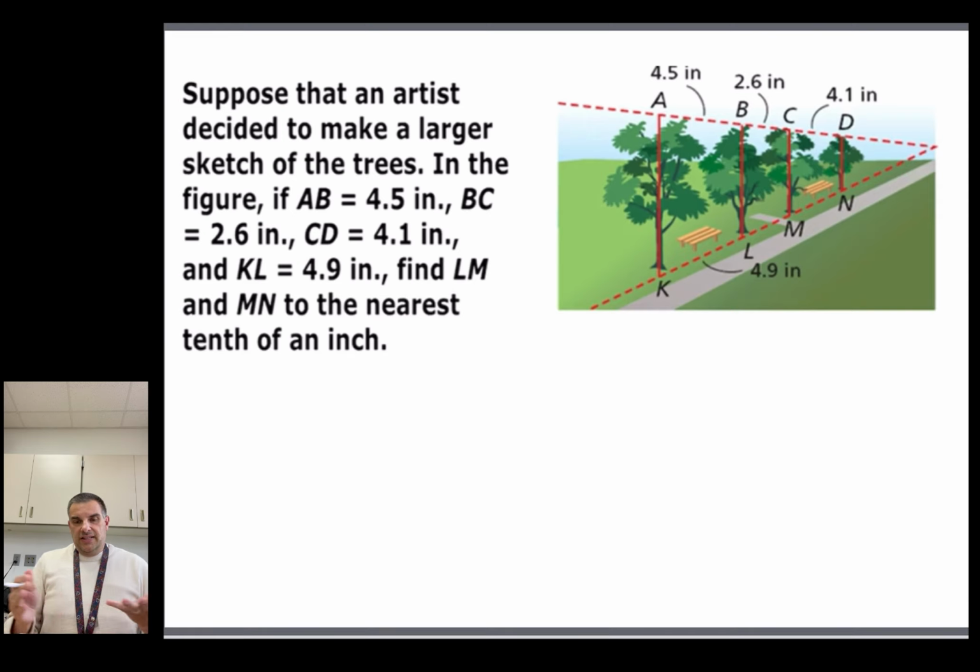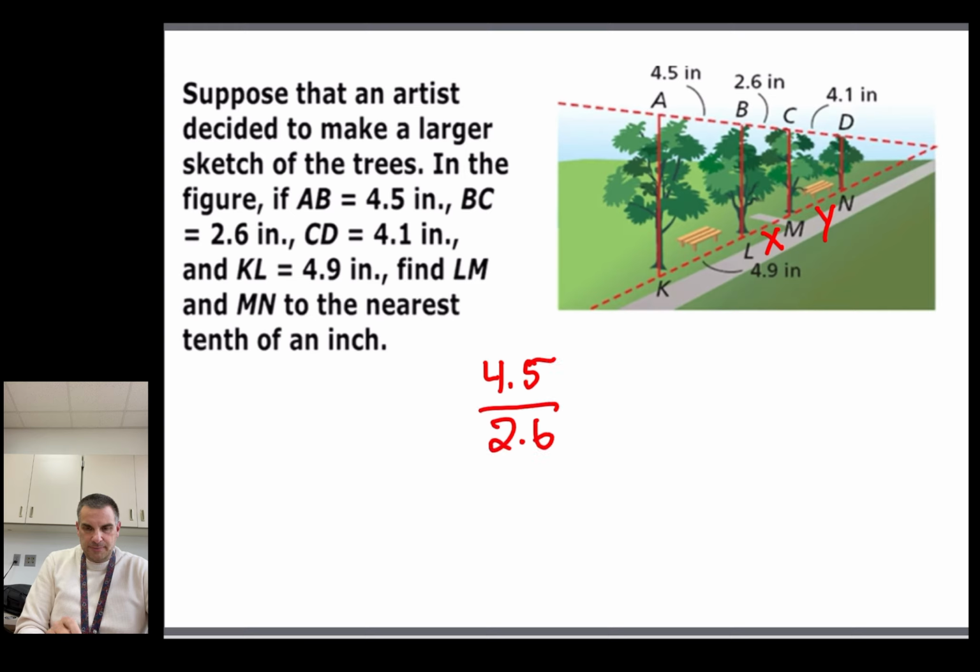Okay, so let's look at one that's a little bit more in depth. In this case, we've got this big, huge thing, and notice there are more segments, so there are 3 segments within this one. We've got 3 segments on the top, and we've got 3 segments on the bottom. And when you've got 3, you really have to have one of them set up. So ultimately, we're going to have to find LM and MN, so I'm going to put an X there, and I'm going to put a Y there. So I'm going to find X first, so 4.5 over 2.6, that's this over this.